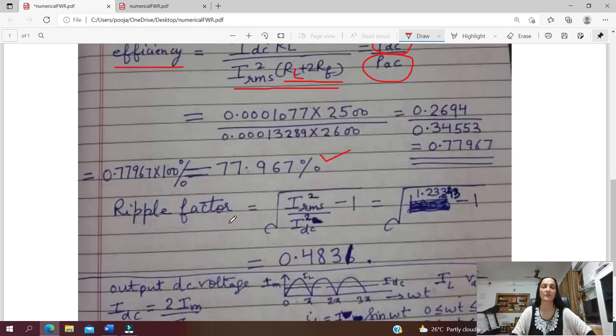Now the ripple factor formula is the square root of (IRMS upon IDC) whole square minus 1, and it comes out to be 0.4831.